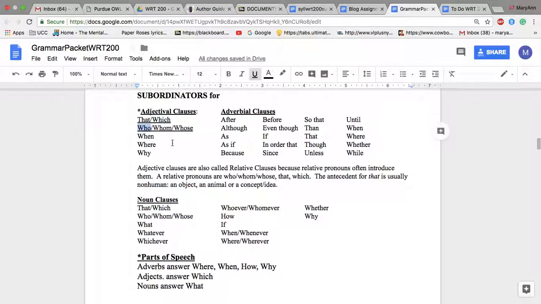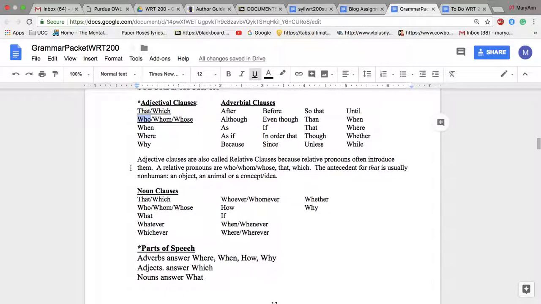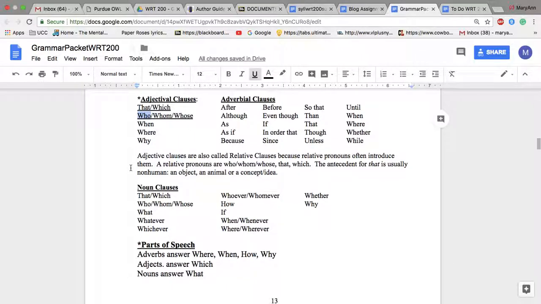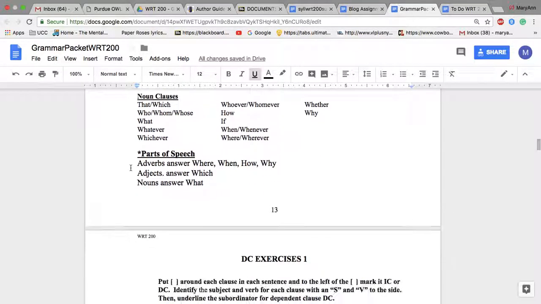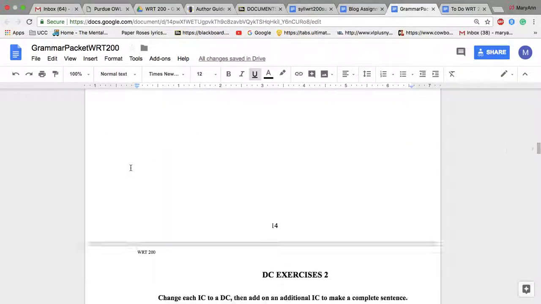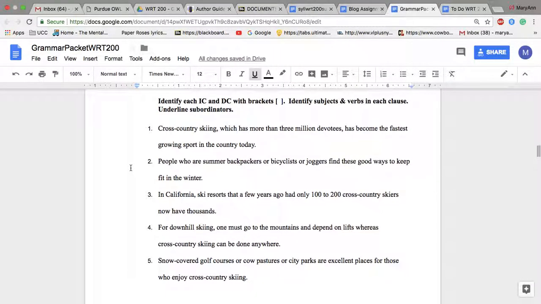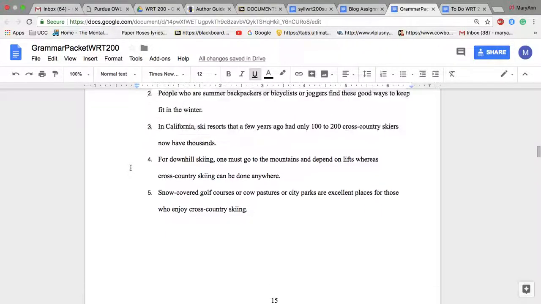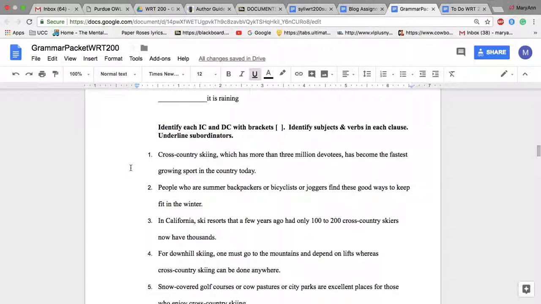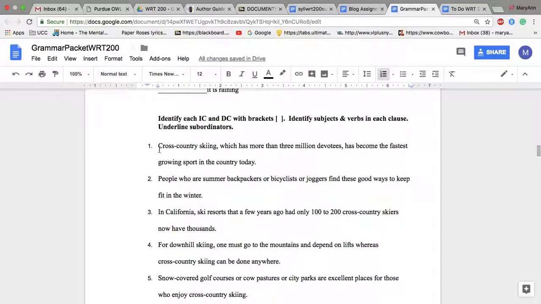When a dependent clause starts with one of these three, it acts as a subject and a subordinator. Those are usually in what we call relative clauses, but we don't have to worry about that. I do want to show you the complicated construction, though, that they have. So now I'm on the bottom of page 15 in the grammar packet, and I'm going to do a couple of these exercises for you in this video so you can get an idea of that structure.